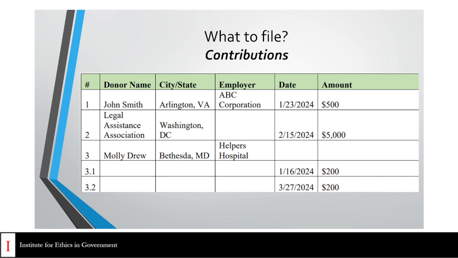If donor A gives you $125 in the first quarter and $150 in the second quarter, you are not required to disclose the contribution on the reports due on April 30th or July 30th, but you must disclose donor A's total $275 in contributions on your report due on January 30th. Next slide, please.